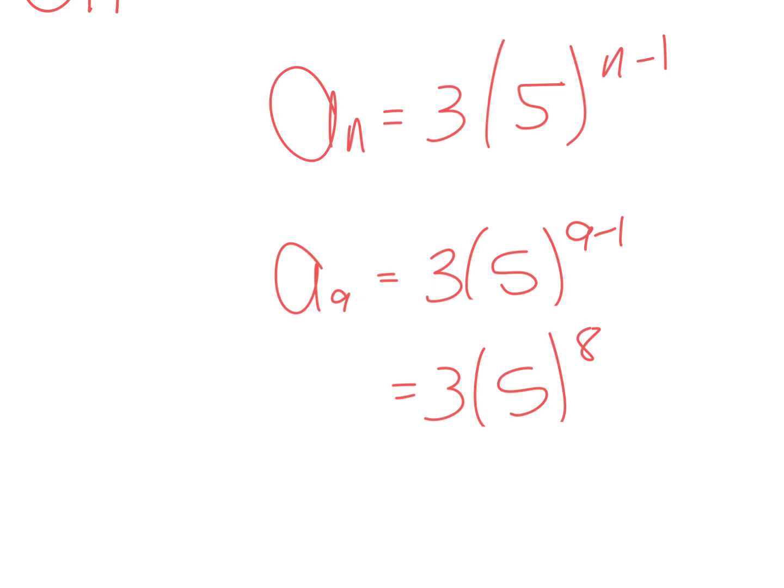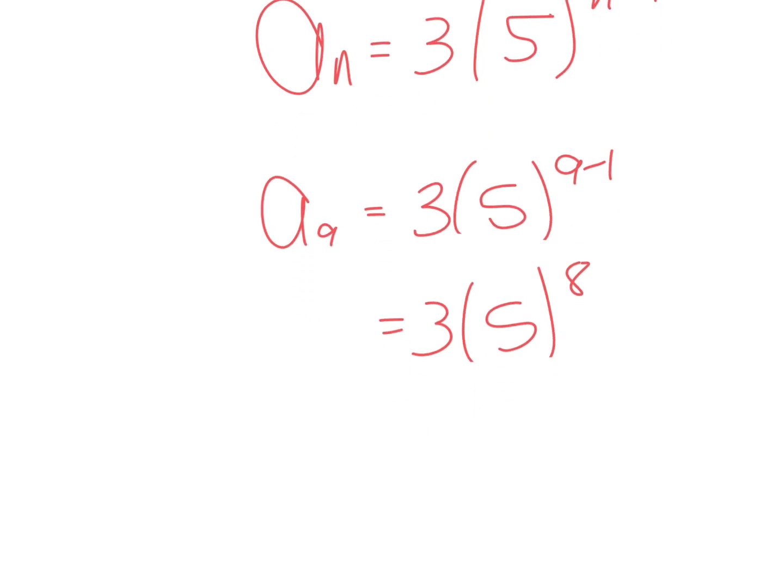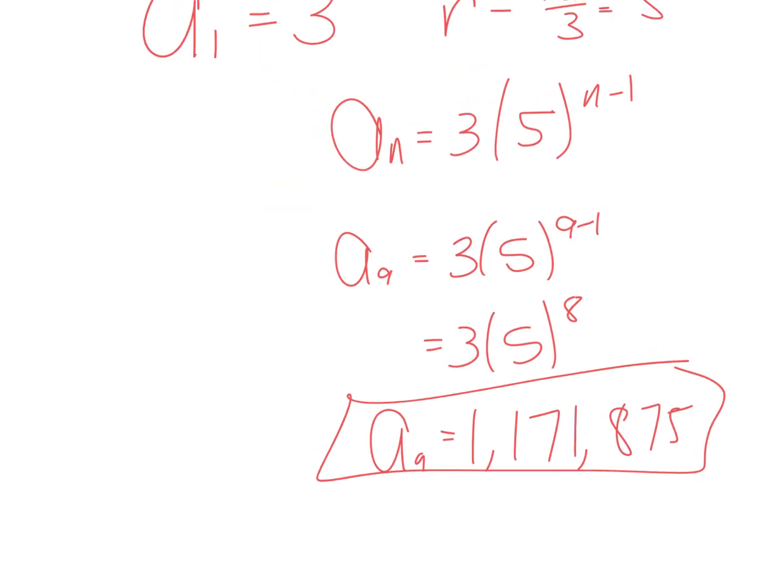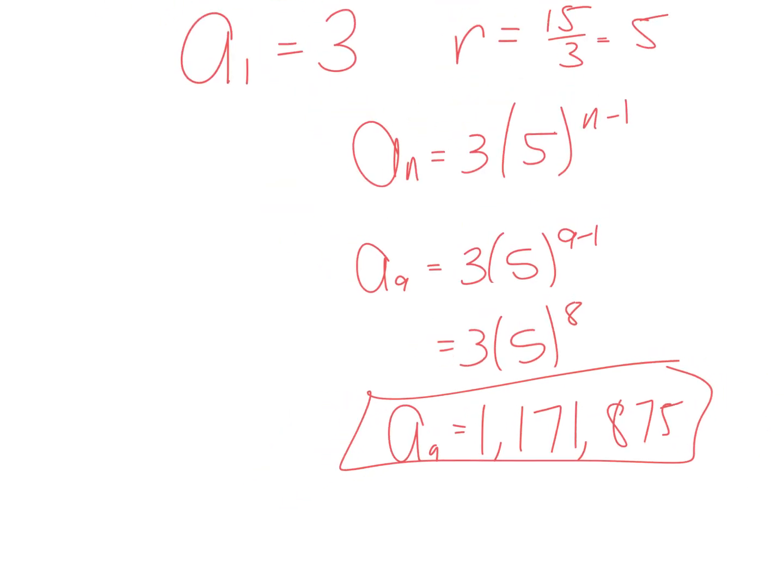What's your calculator going to do first? 5 to the 8th, good. And then multiply that by 3. So what's my 9th term, guys? 1,171,875. Good. Very good. Questions?